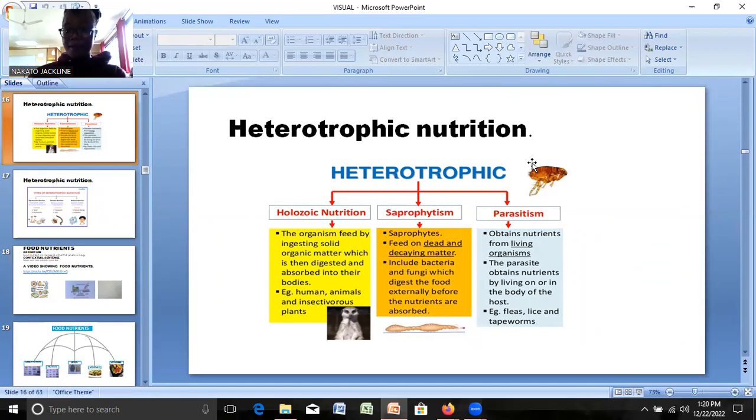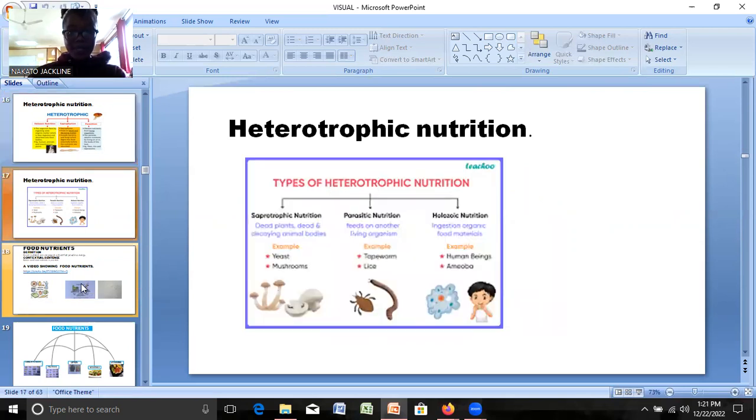Then we have parasitism, which is under flies, lice, and tapeworms, as you see in the drawings below. Again, that is heterotrophic nutrition.